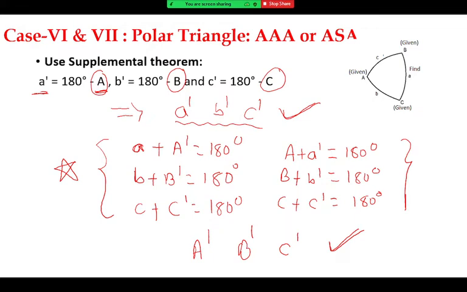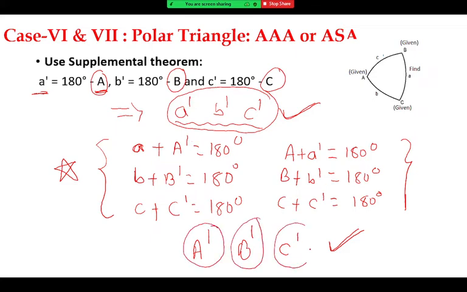My question is, from the angles of capital ABC, we got three sides of the triangle. From the three sides, suppose we calculated capital A dash, capital B dash and capital C dash. That is now available to us. But our aim is to get the final answer as small a, b, c. So how to get small a, b, c with the help of these capital A dash, B dash, C dash?